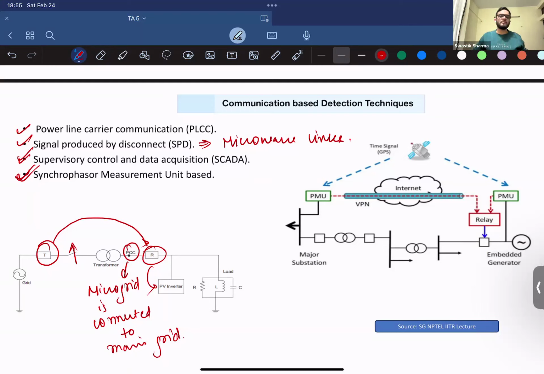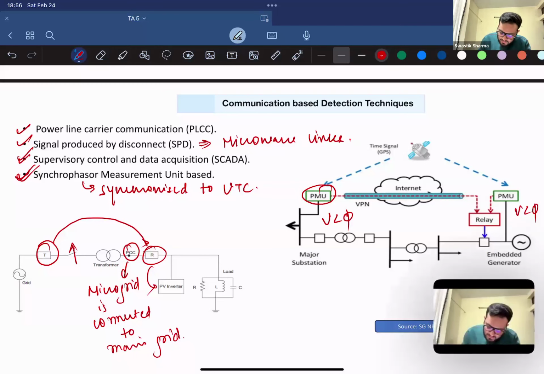But now you have synchrophasor based measurement units, which are synchronized with UTC, which is coordinated universal time. These convey phasors associated with voltages and currents at all times to the phasor data concentrator, which is connected to your central operator or controller, right? By using PMUs or synchrophasors, you monitor the phasors associated with the buses that it is connected to.